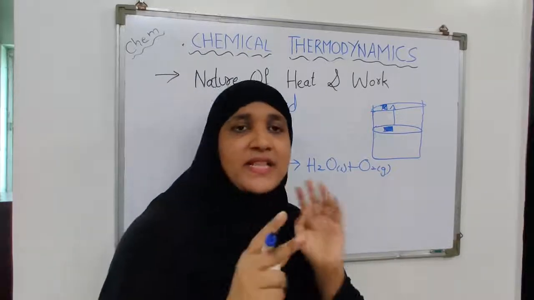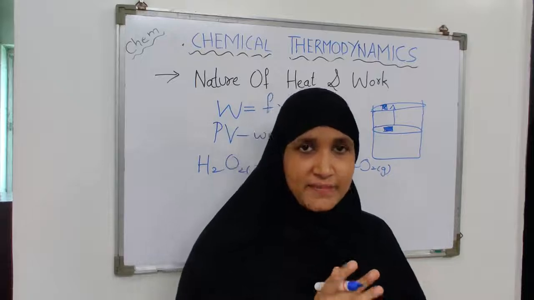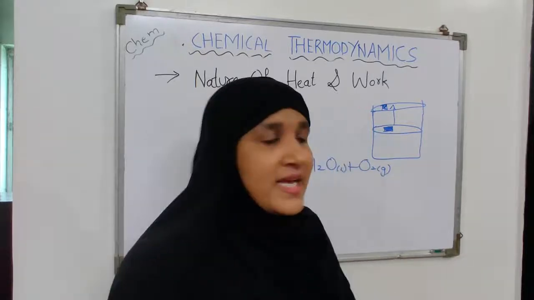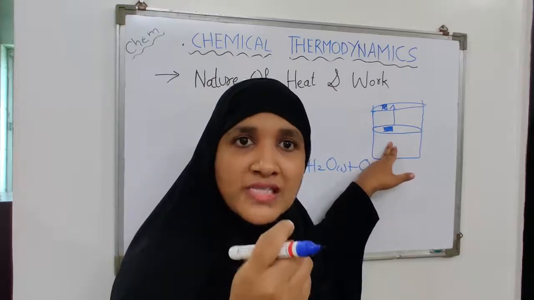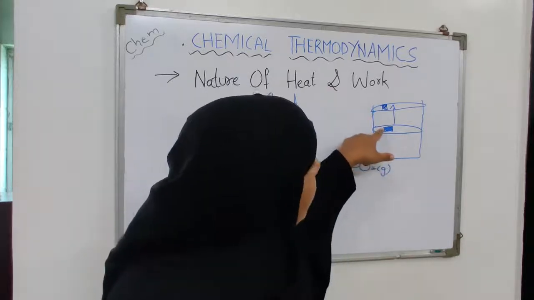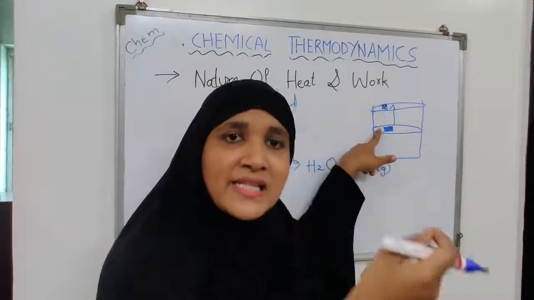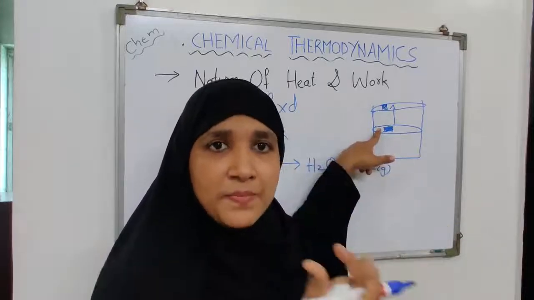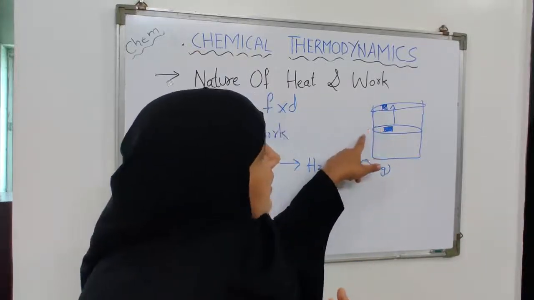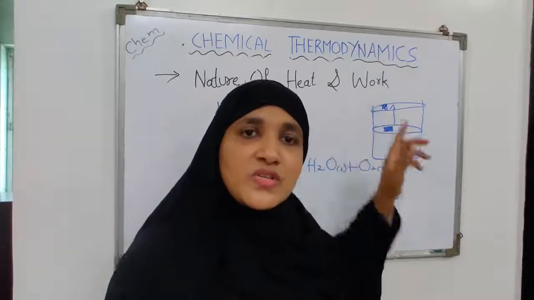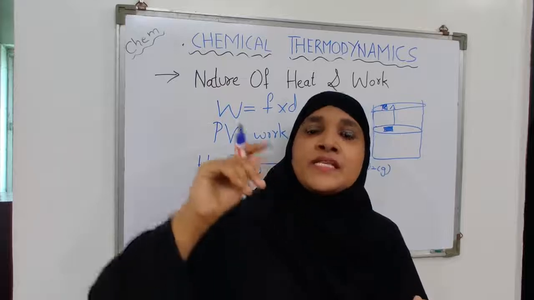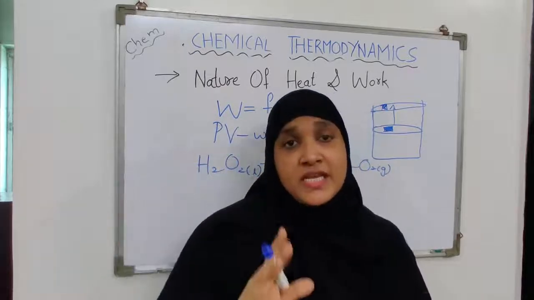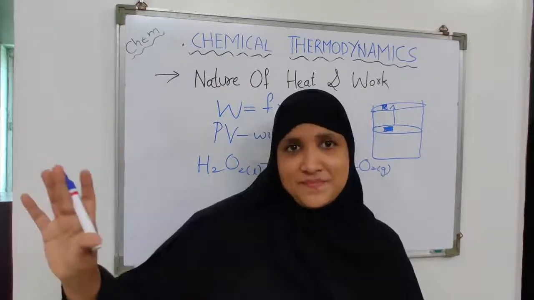If we assume no transfer of heat, we will say that the system has done the work and lost energy in lifting this mass from position 1 to position 2. So the amount of work done by the system is equal to the amount of energy lost by the system.